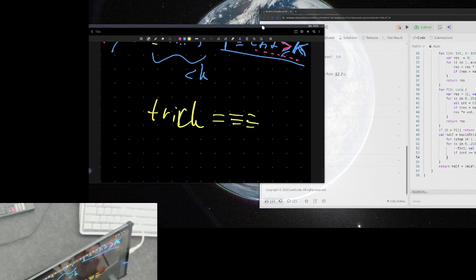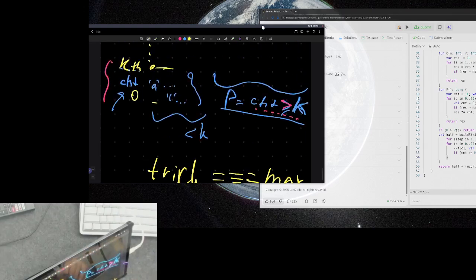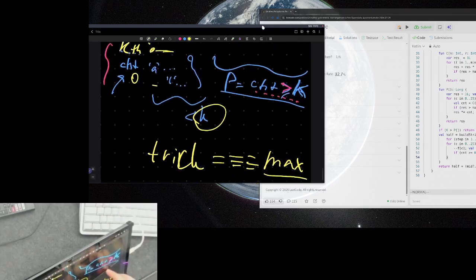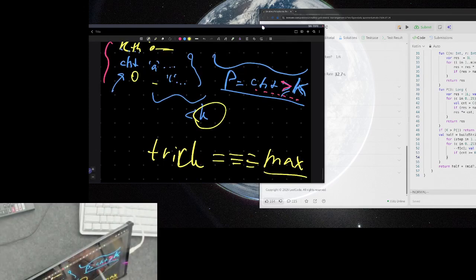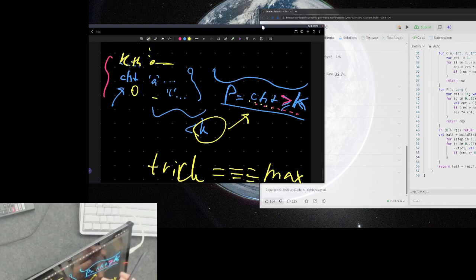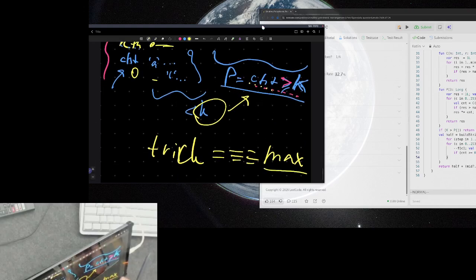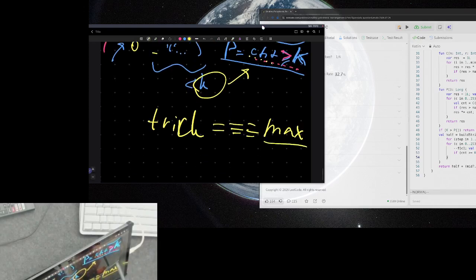You have a maximum of how many permutations you need, and this is exactly k, so no reason to continue to count the permutations if it is already bigger than k. Just assume that it is bigger, and this is enough.